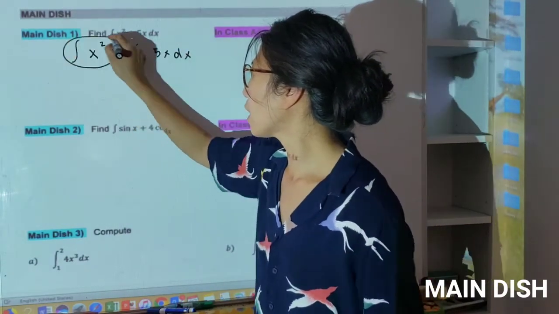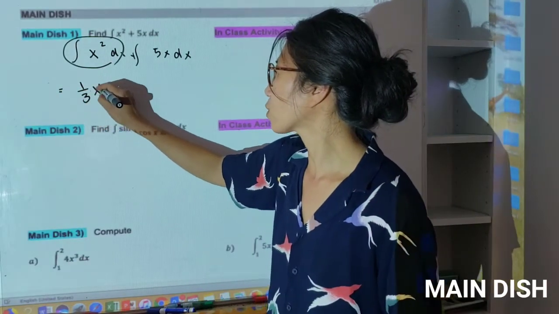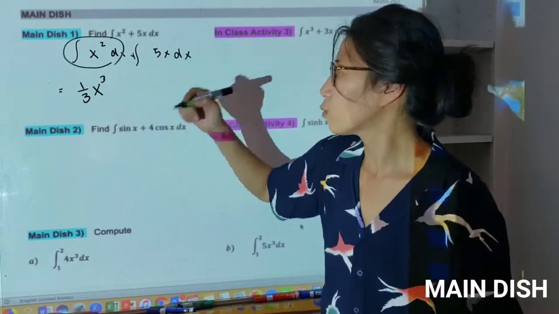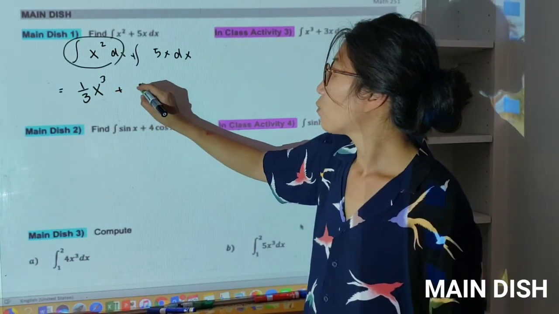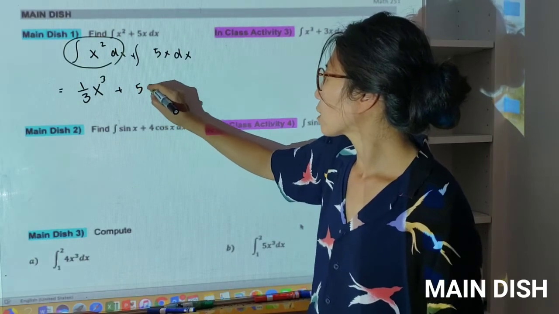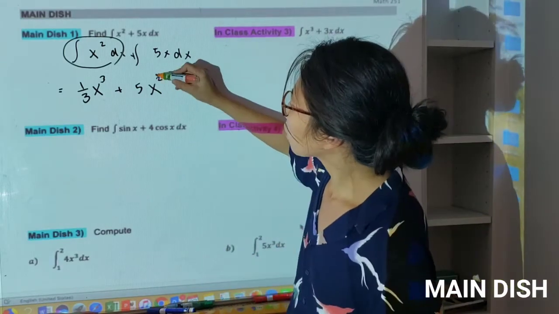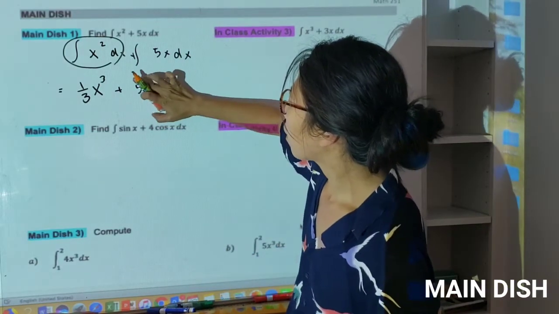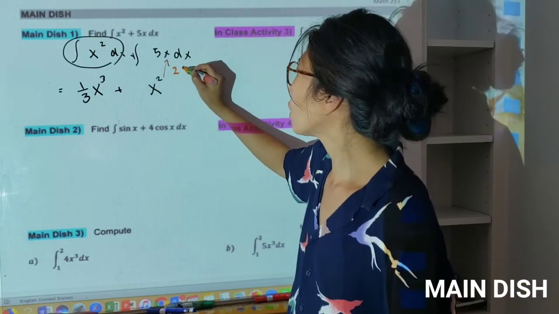So I learned above that this integral comes from 1/3 x cubed. If you do a lot, it will come to you automatically. Plus this integral will be 5x comes from, oh, this is a little tricky one, x squared, and then I'm going to check this one. So I know that it comes from x squared, then I take a derivative that becomes 2x, right?